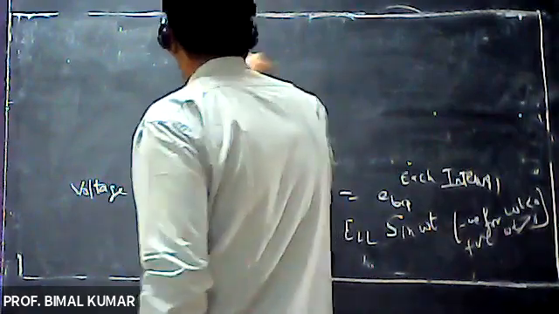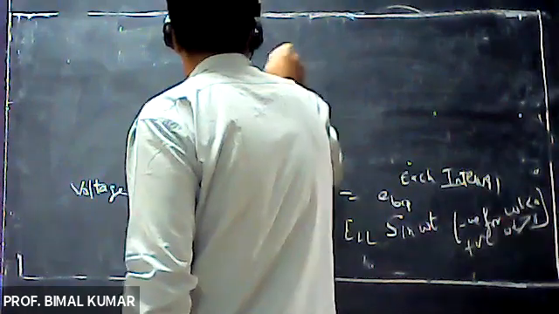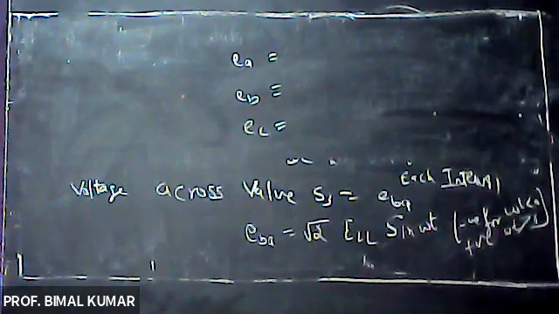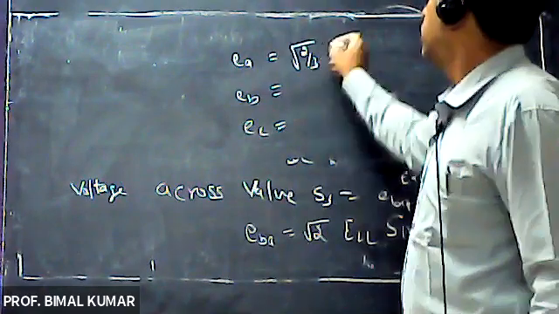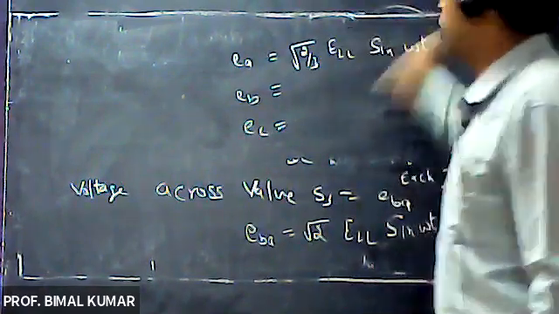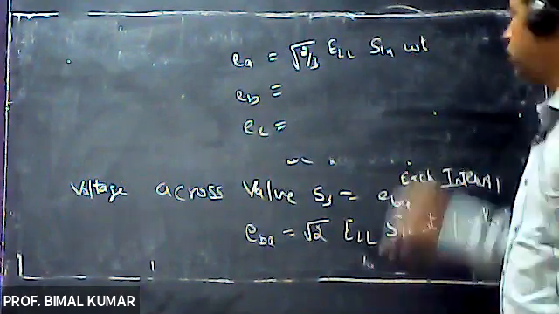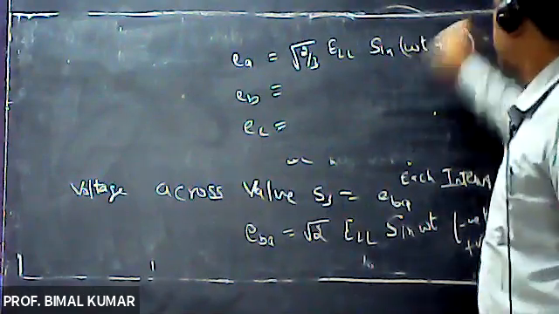EA, EB and EC. EBA will become EA, EB and EC. This will be root 2 by 3 ELL sine omega t plus 150 degree, right?